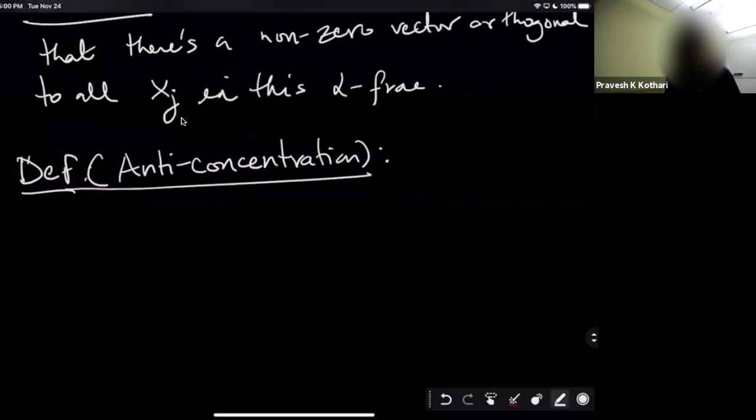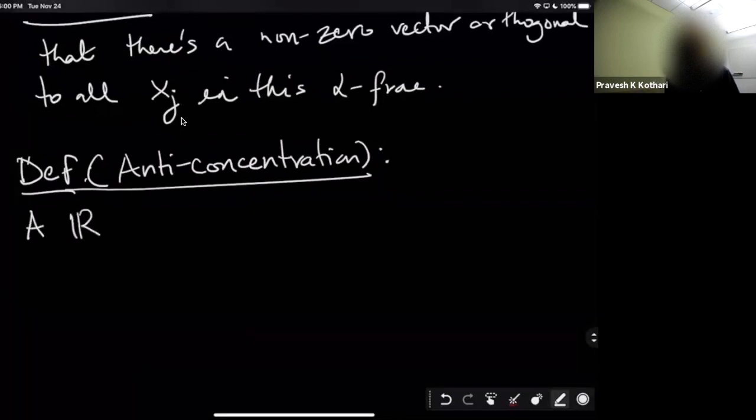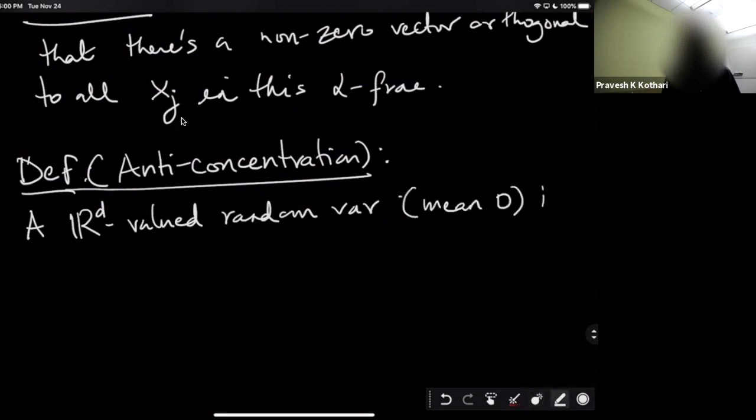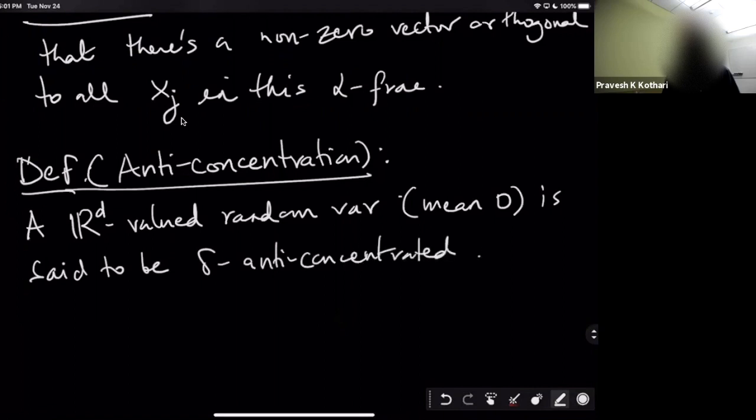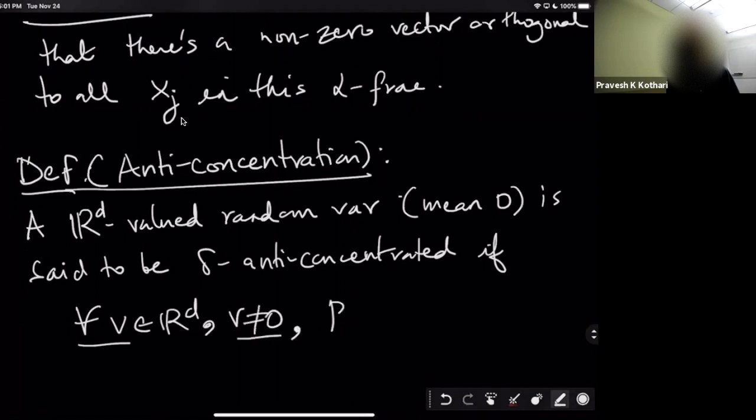Okay, so we're going to say that an R^d valued random variable, let's without loss of generality force it to always have mean 0, is said to be delta anti-concentrated if for all directions v not equal to 0, the probability that y projects to 0 in direction v is strictly less than delta.